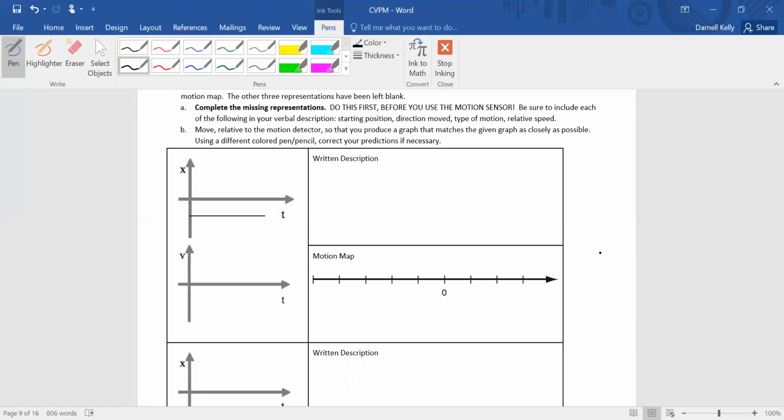So who other than Sophia, Lala, and Anthony can tell me what's happening in the X versus T? Anybody else? What's going on there?